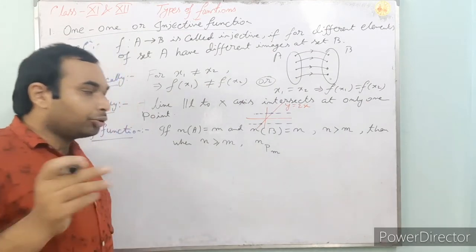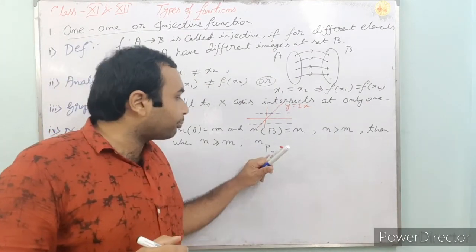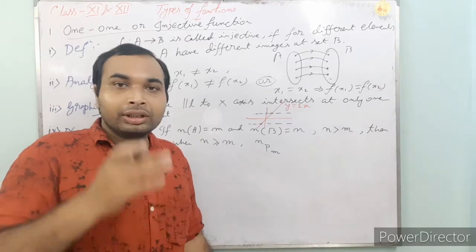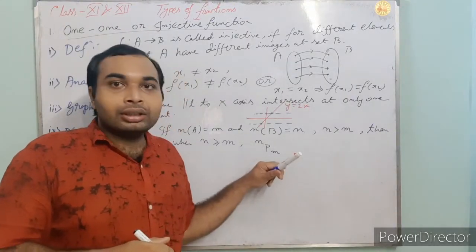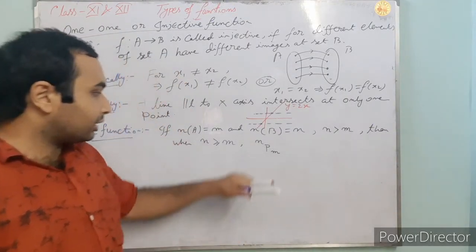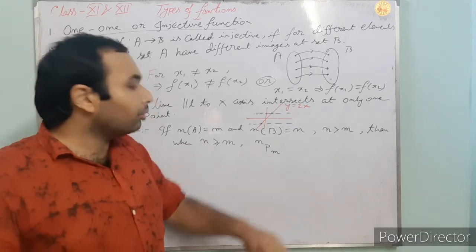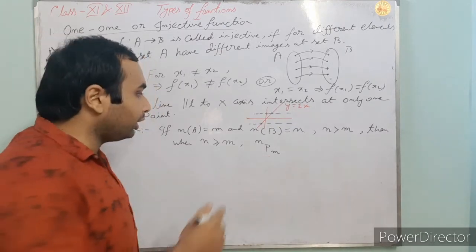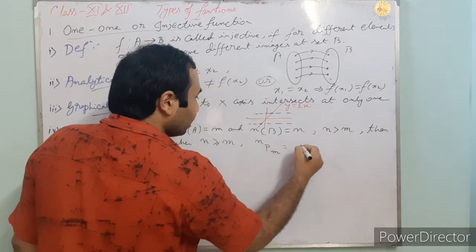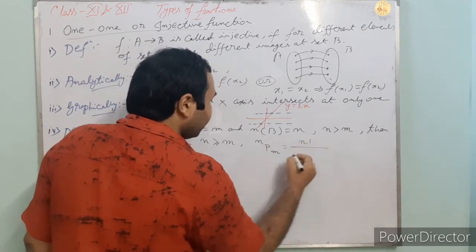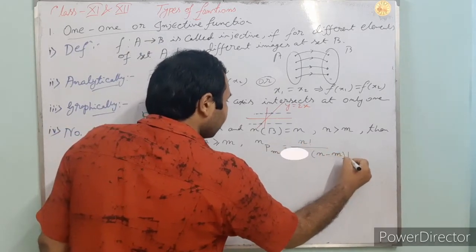Class 12 students know this one. This is the permutation nPm, and class 11 students just note this down. Actually it is n factorial divided by (n minus m) factorial.